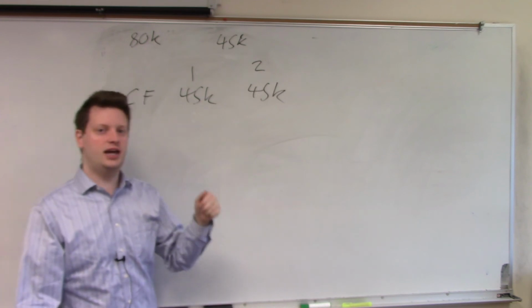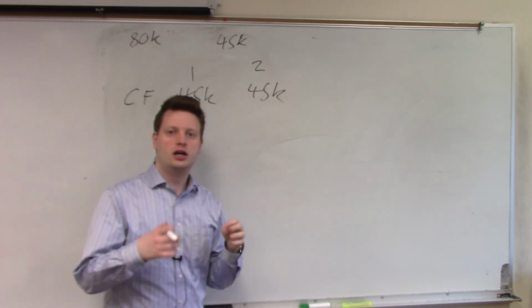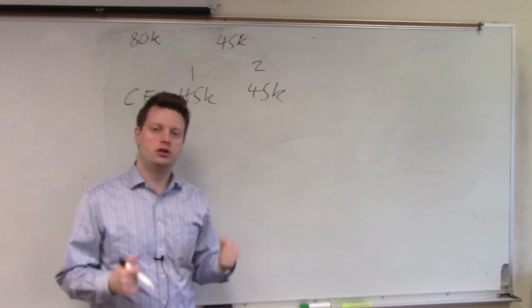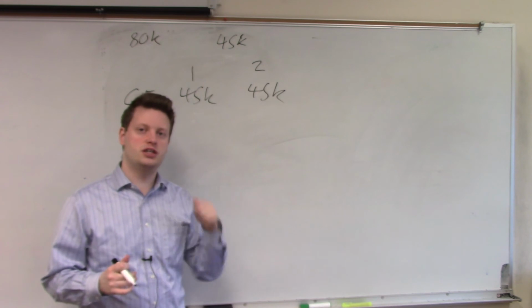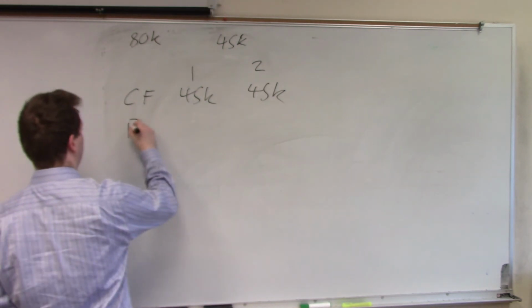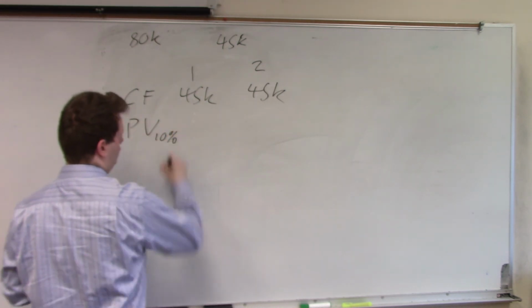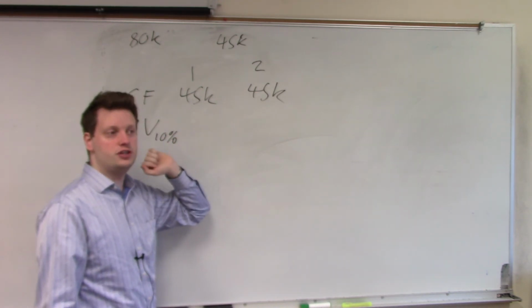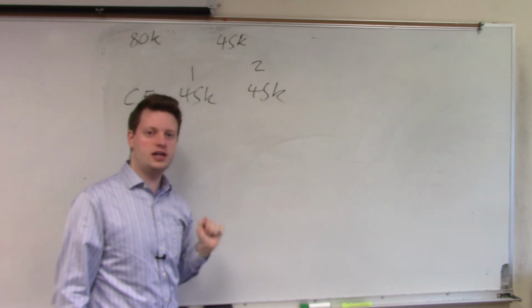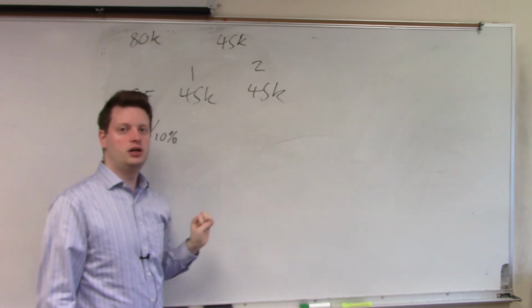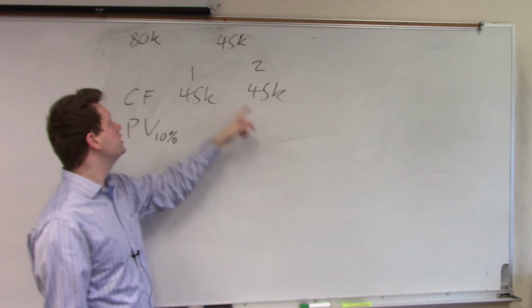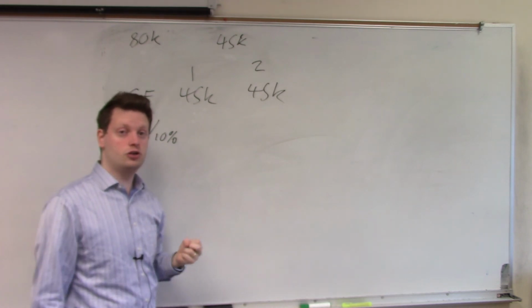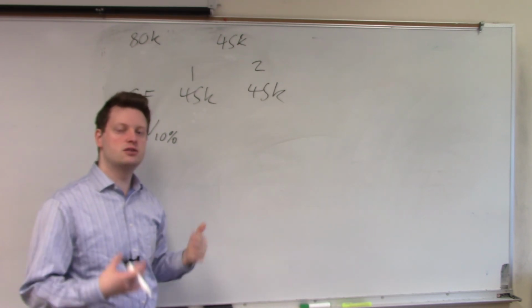But because I get this return only in the future, I need to discount it using the market interest rate. So let's first assume this market interest rate is 10%. So present value with a 10% market interest rate. We can put the 45,000 of the first year in present value, the 45,000 of the second year in present value, sum them up, and we can compare that. If it is higher than 80,000 in present value terms, we should do the investment. If it's less, we should not do it.